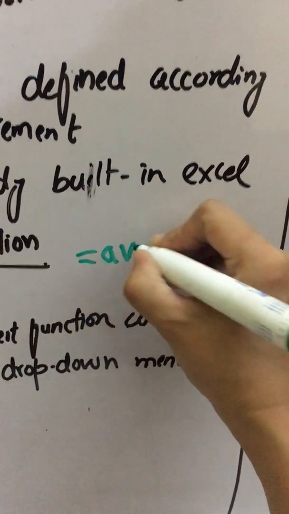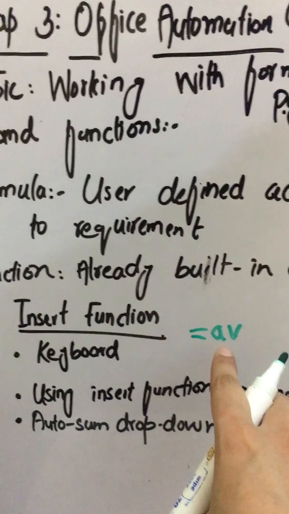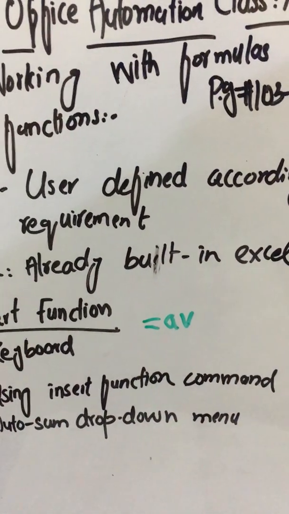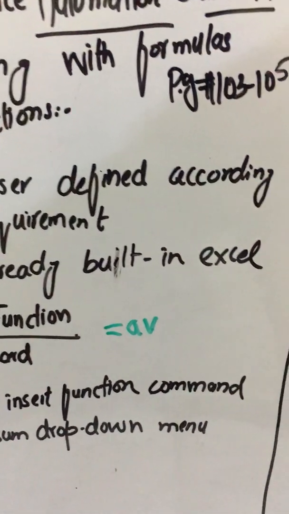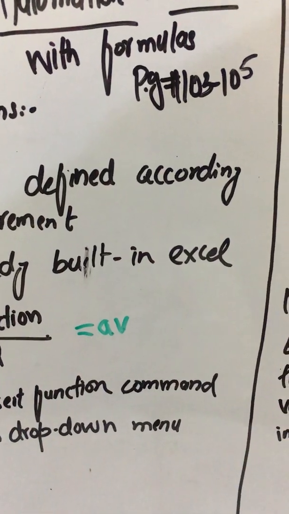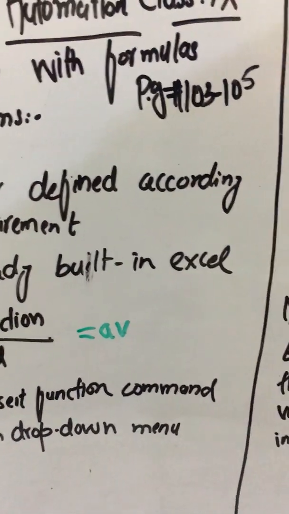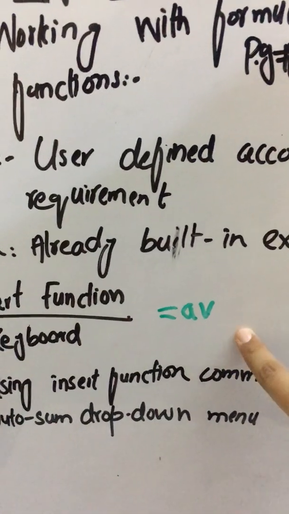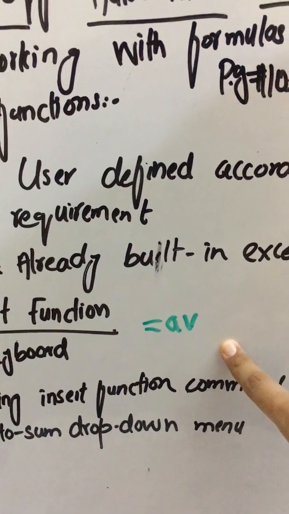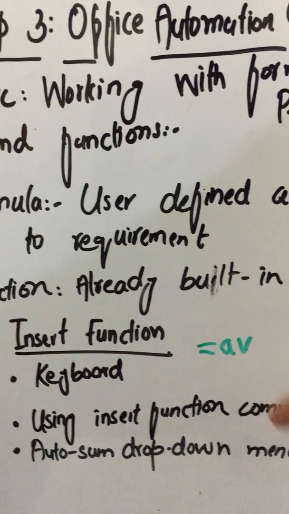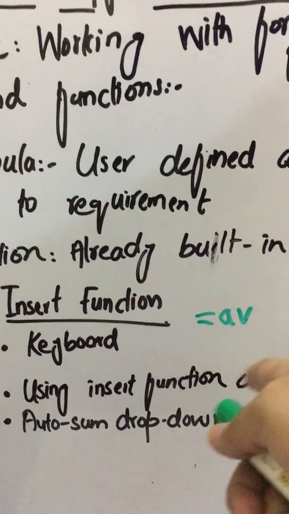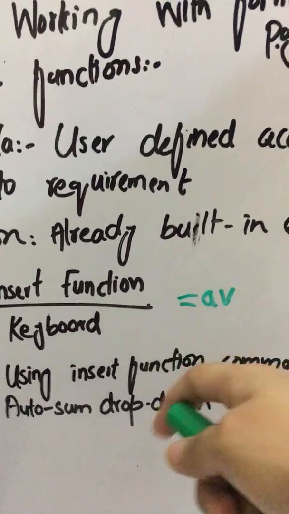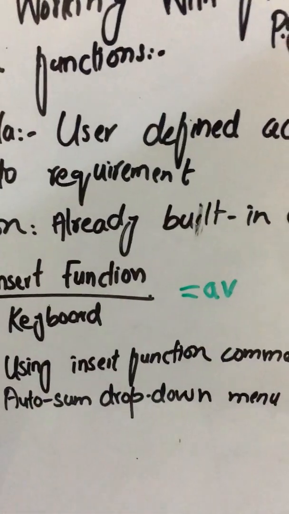AV will give me all the functions that can be used to find the average. So I will choose the average over here, then select the range of cells and press the enter key. So this is how I can use the keyboard to insert the function.